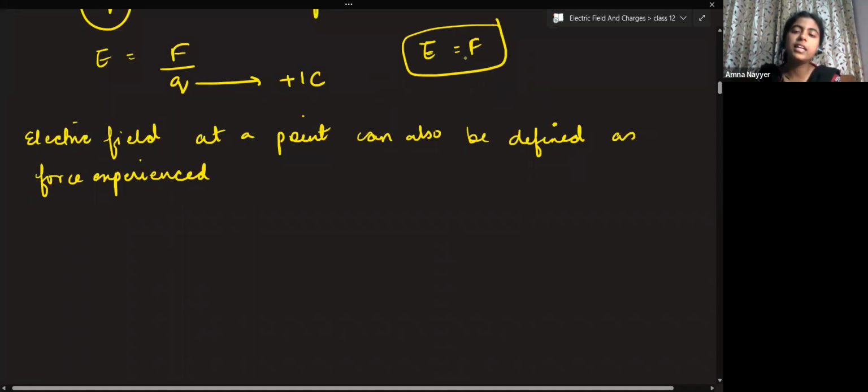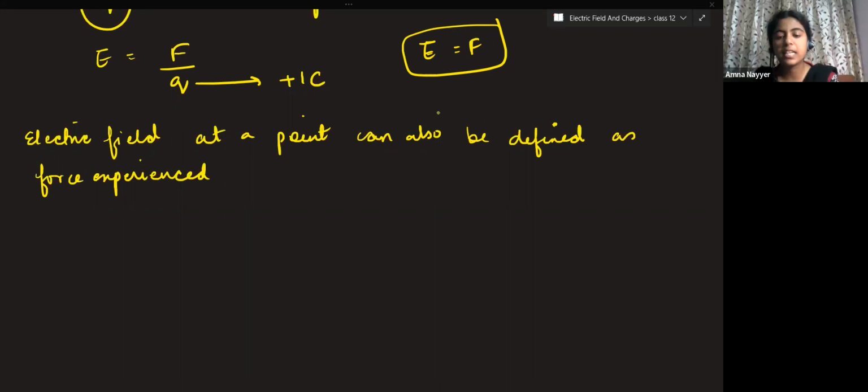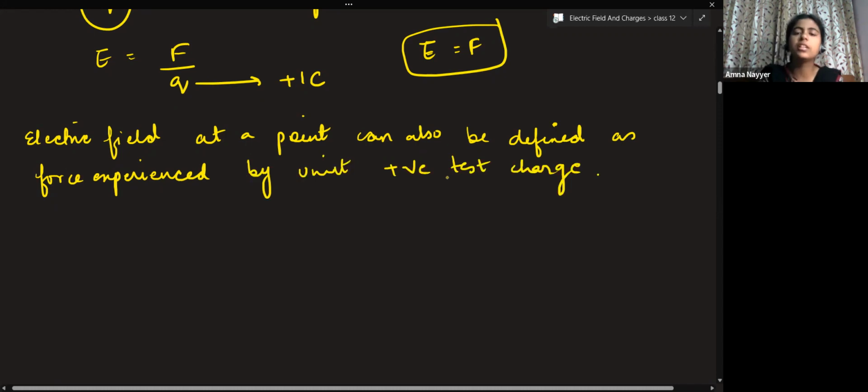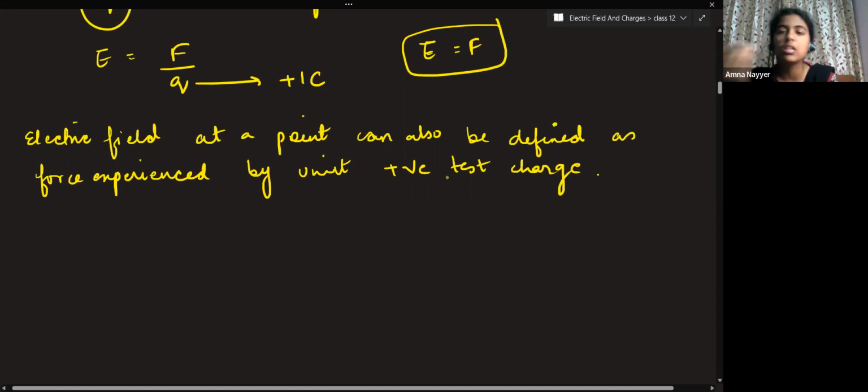When was this electric field equal to this electric force? When Q is equal to 1. So when we say this is the force experienced by a unit positive test charge, this is the value of electric field. This can be another definition of electric field. So electric field is equal to the electric force which was experienced by any unit positive test charge which is brought near the source charge.